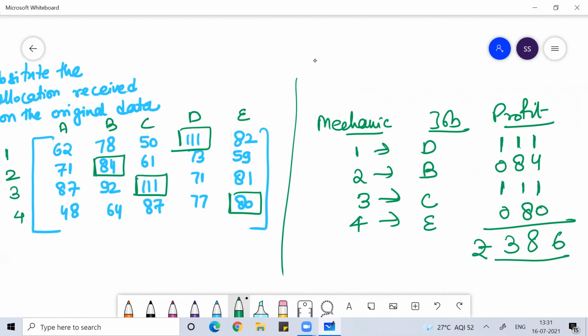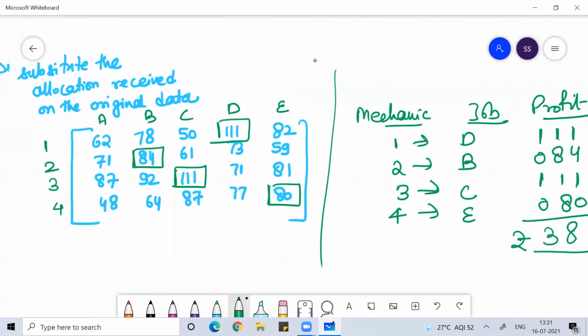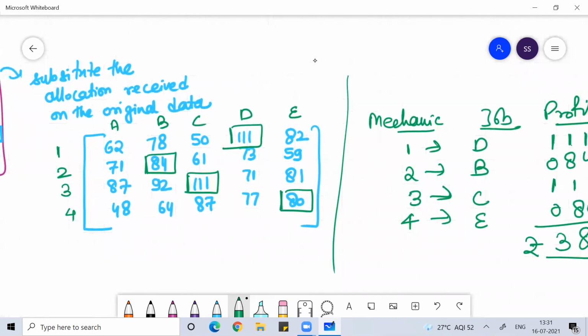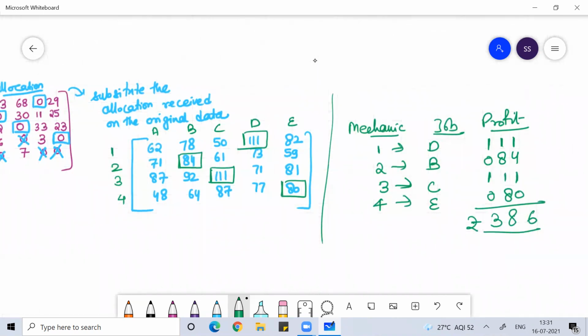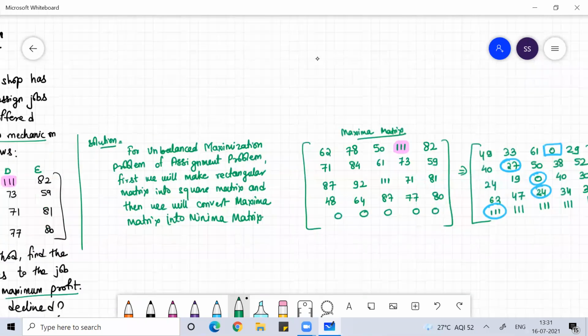Job A will remain unallocated. Clear everyone? So this is the example of an unbalanced maximization case problem in the assignment method.